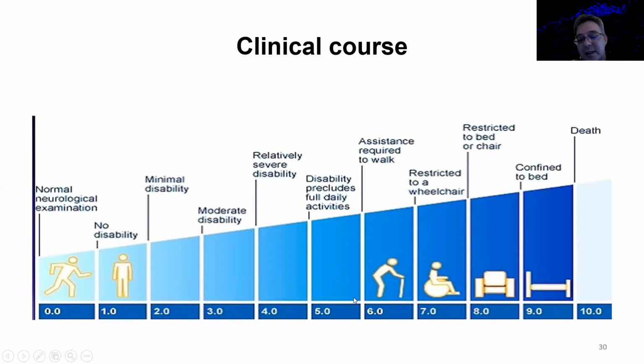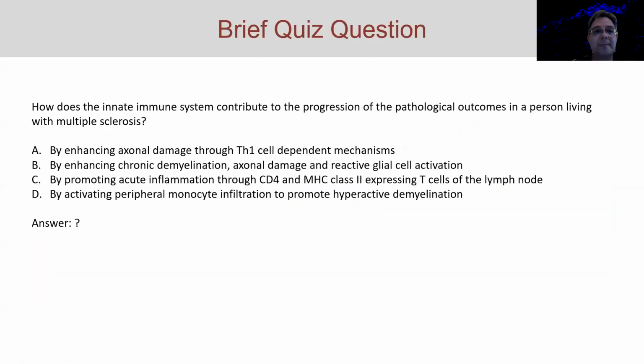But as the disease progresses over time, the patient may be walking with a cane, or eventually requiring a wheelchair, a motorized wheelchair, or inevitably end up dying as a consequence of the disease, but they generally die of other disease mechanisms, particularly when they lose their coughing reflex, they might contract pneumonia.